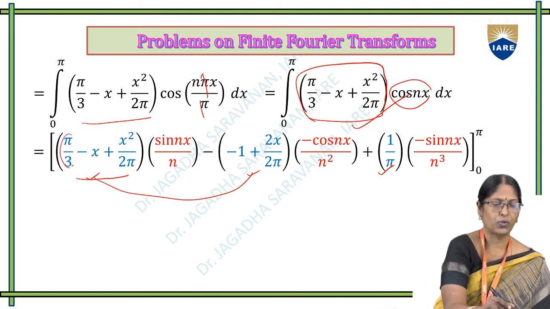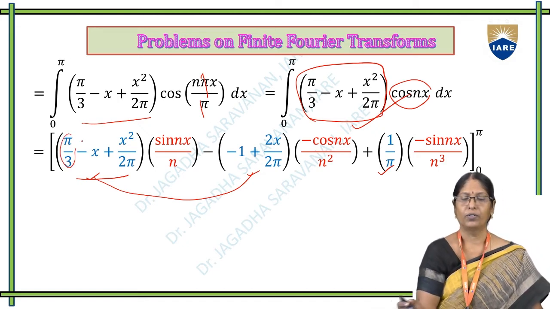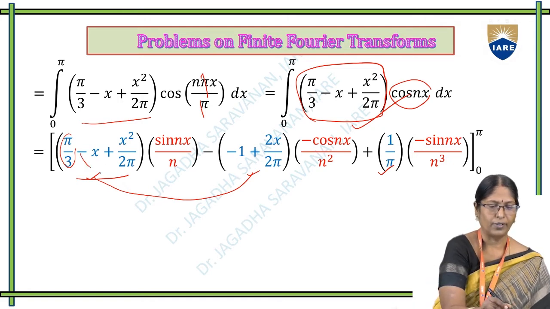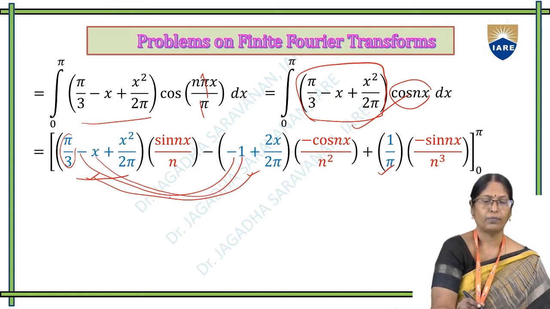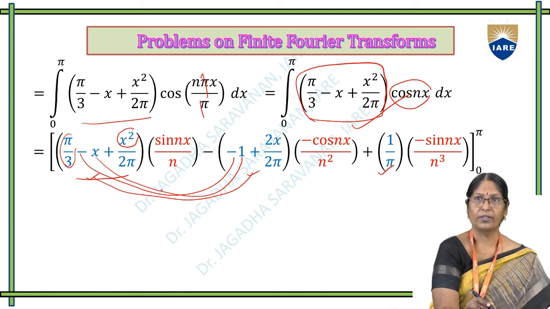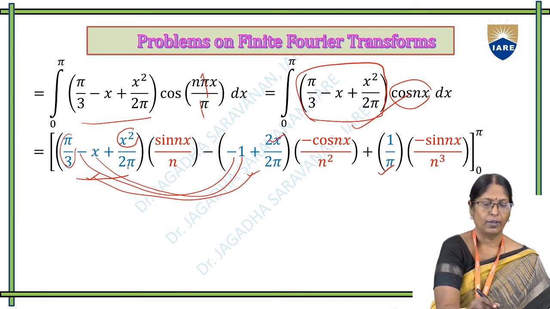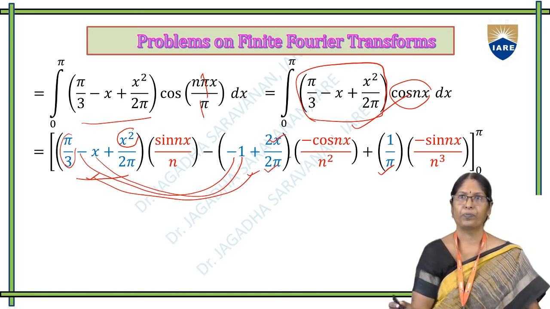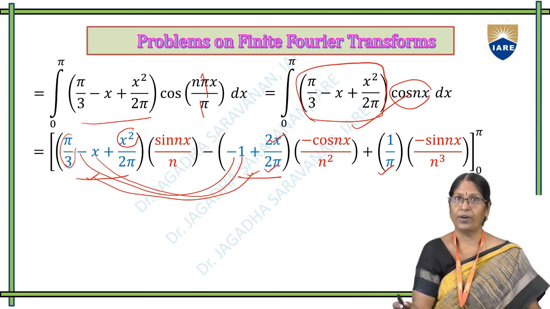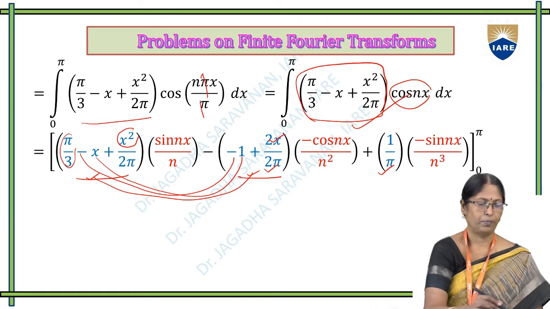The first term is constant, so that is 0. So we didn't mention it here. Minus, as it is written, x differentiation is 1. X square, the differentiation is 2x divided by 2 pi. So here the first differentiation we did.